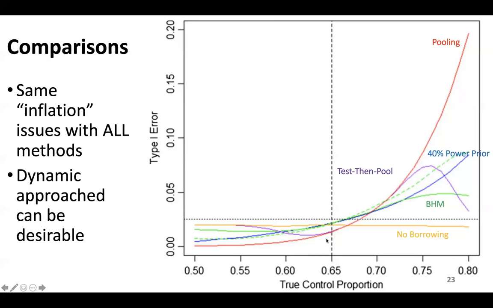Notice what it does is it mirrors the pooling up until the point where at these levels we tend to start to reject that the new control is like the old control, and it starts to drop down and look like no borrowing. So it actually has a dynamic behavior to it as well as the Bayesian hierarchical modeling.